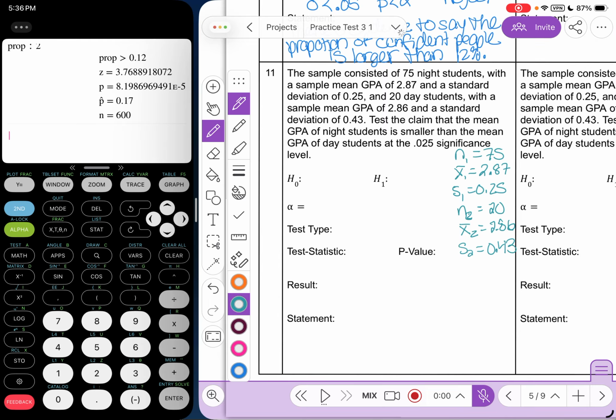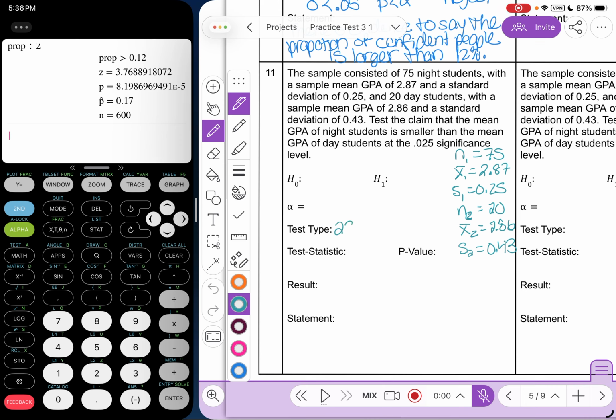Test the claim that the mean GPA of night students is smaller than the mean GPA of day students at the 0.25 significance. So we're dealing with two means. They're independent groups because they have nothing to do with each other. And we don't have a population deviation.